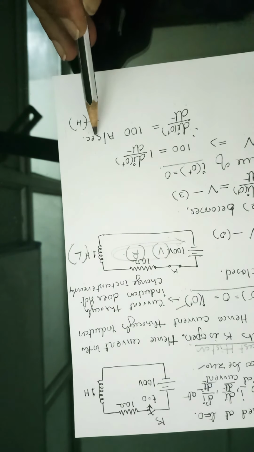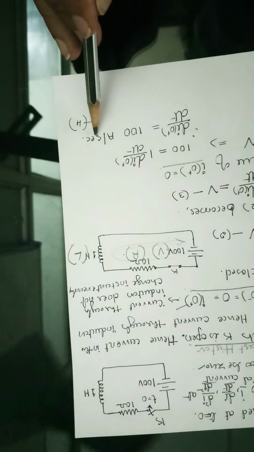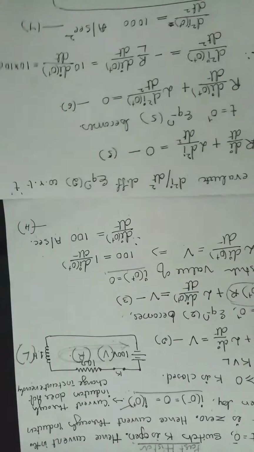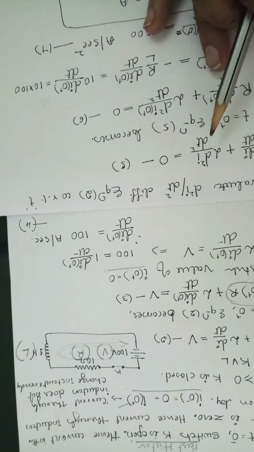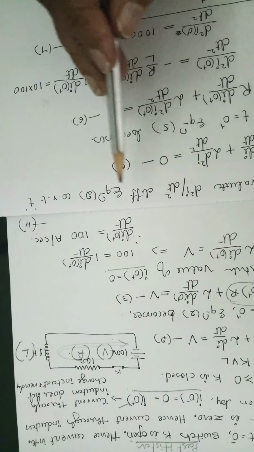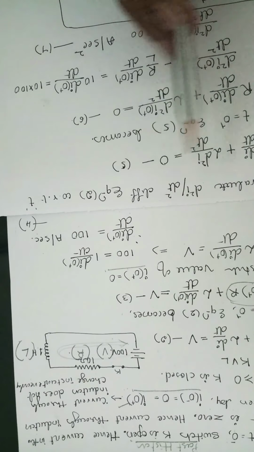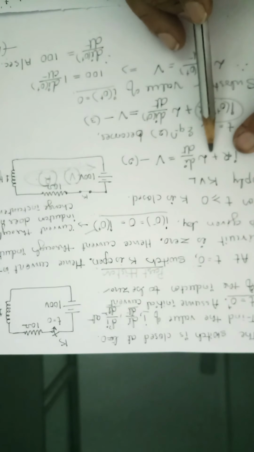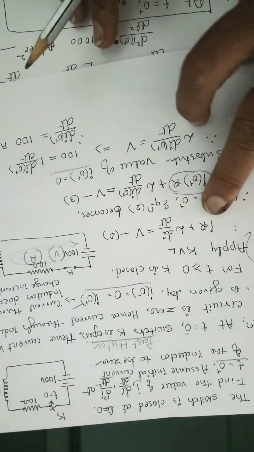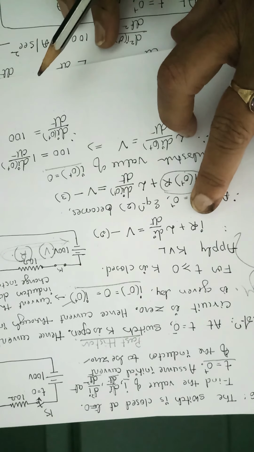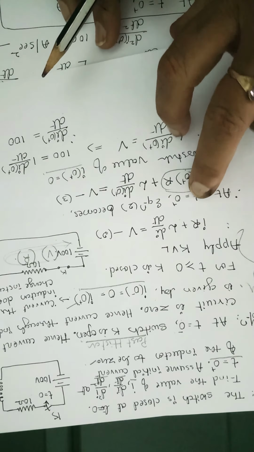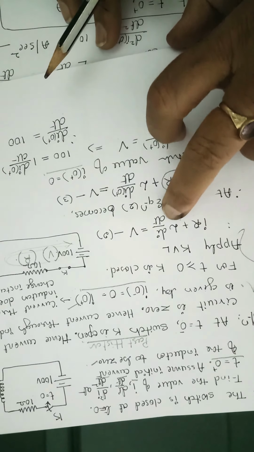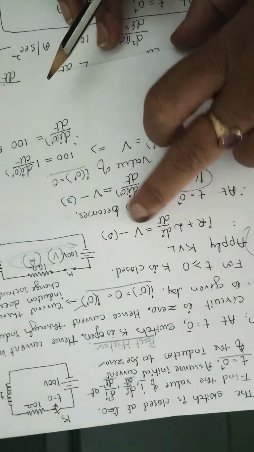The next part is we need to evaluate d²i/dt² at 0 plus. Thus, we need to differentiate equation 2 with respect to t. That yields R di/dt plus L d²i/dt² equal to 0.